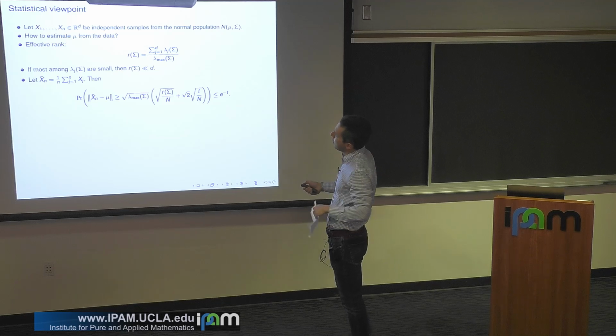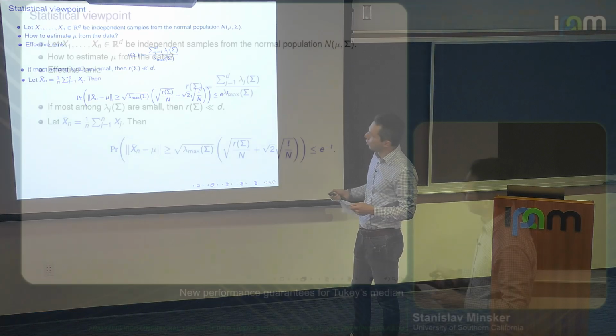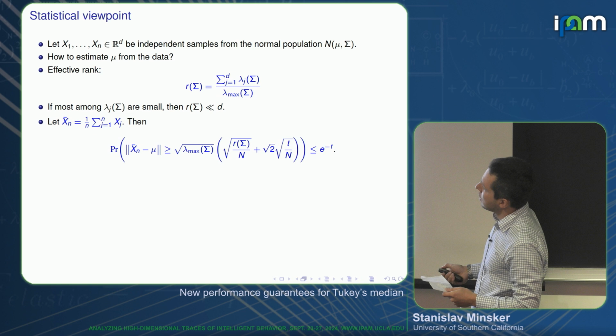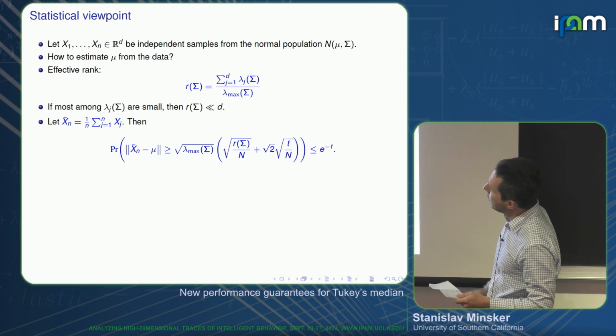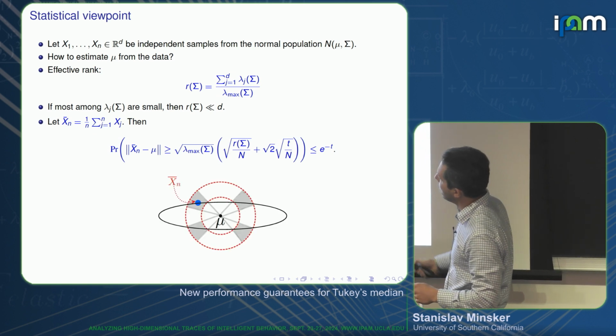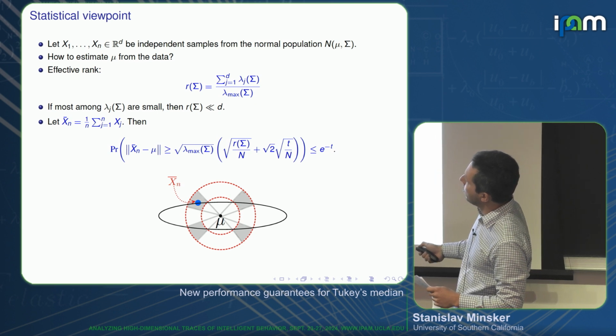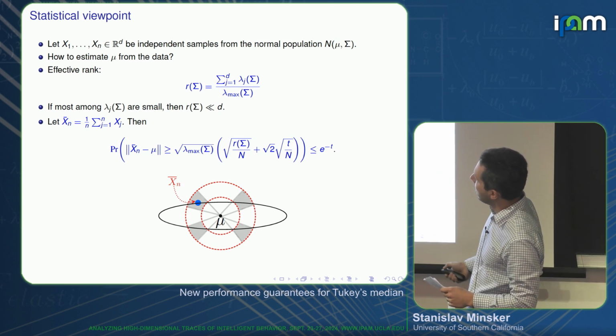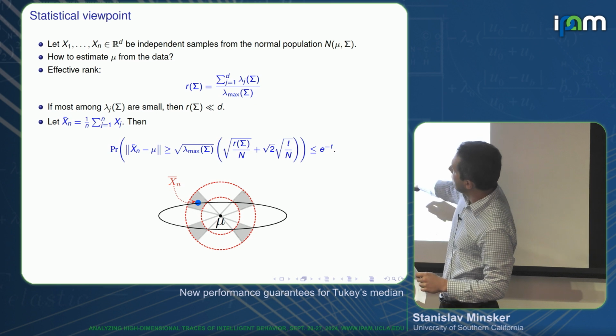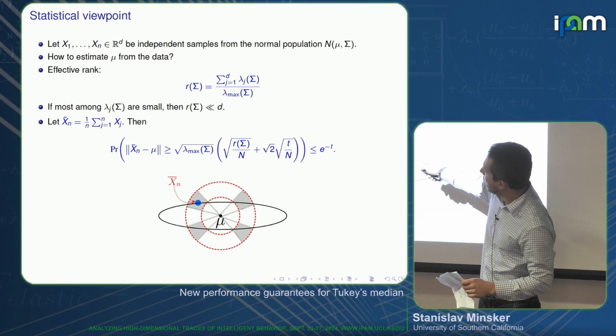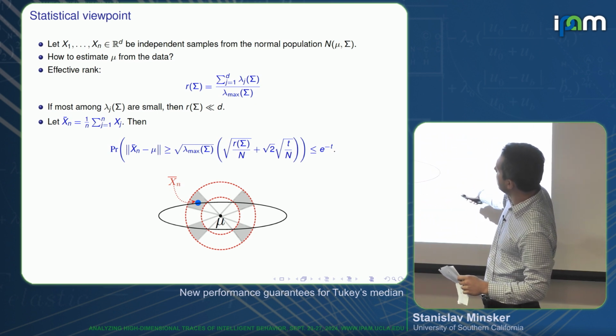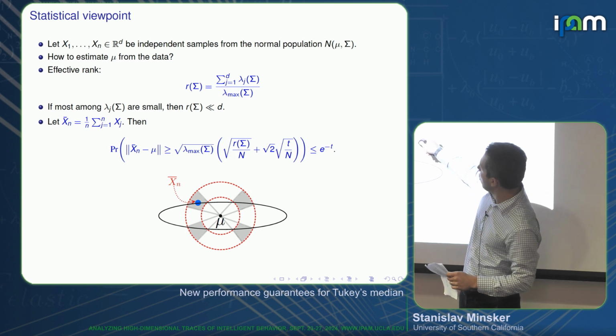So it turns out that in this case, we can prove the following deviation inequality for the sample mean. What this tells us is that if I compute the sample mean of my Gaussian data, then the error that I encounter will be controlled by two quantities.